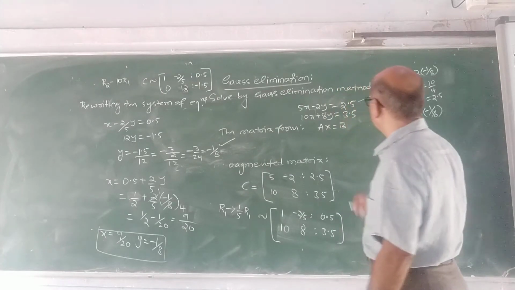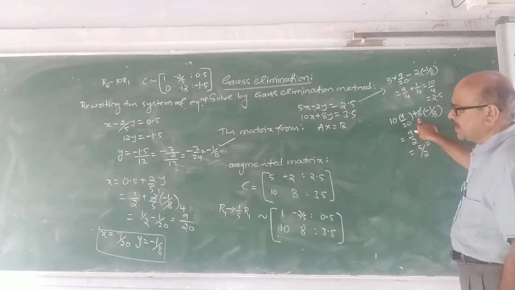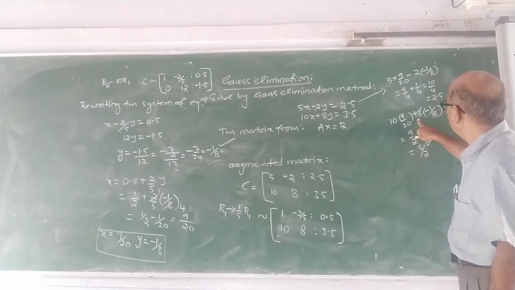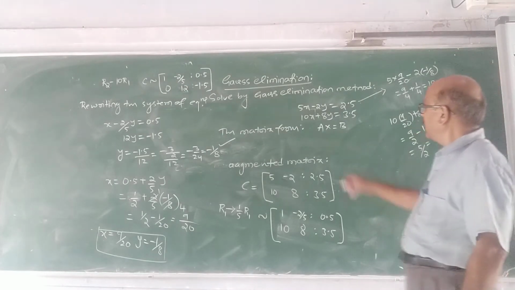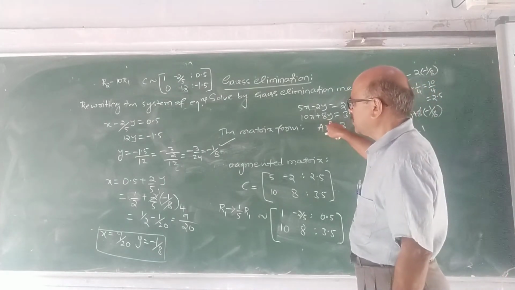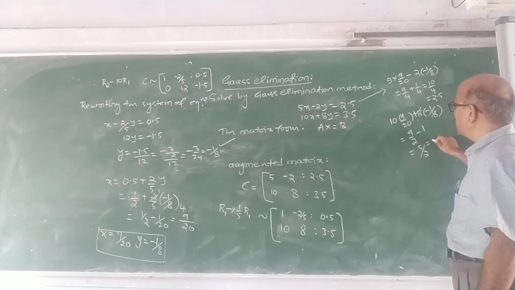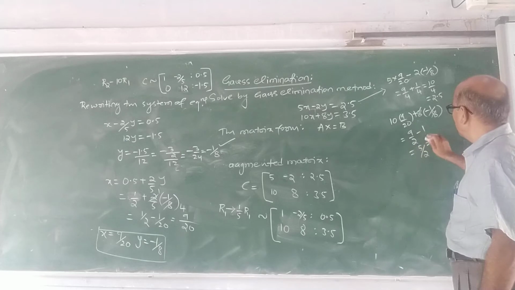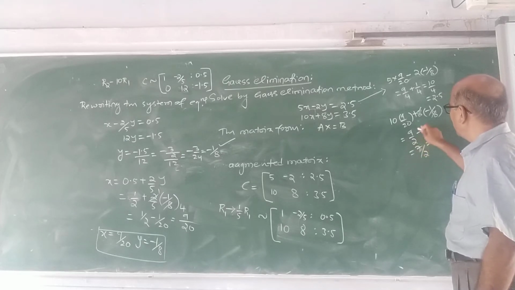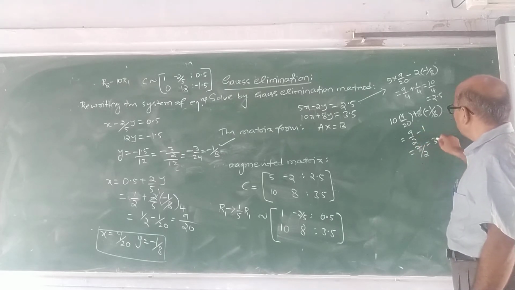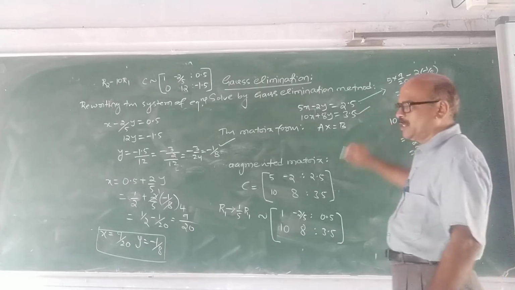So it is 9 by 2 minus 1, which is not 5 by 2 but 7 by 2. That is 9 minus 2 over 2. 7 by 2 is 3.5. So this is also satisfied.